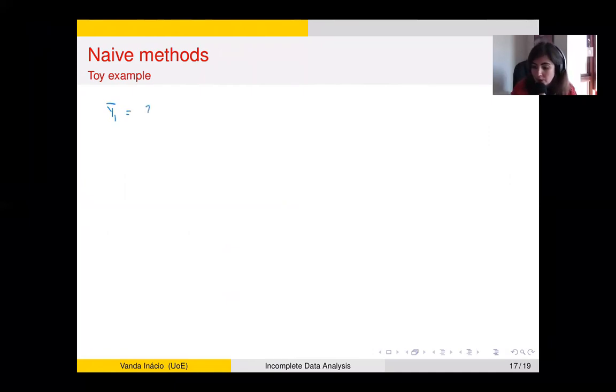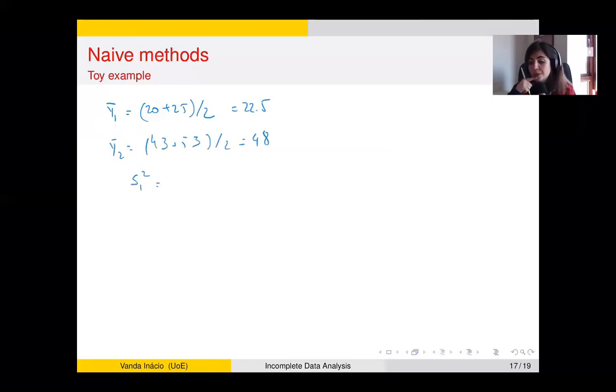So I know that the mean of y1 is just this, and if I want to compute the sample variance of the variable y1, I know that using the expression, it's this.